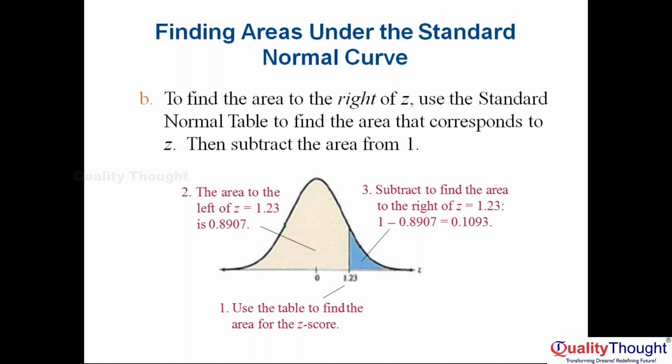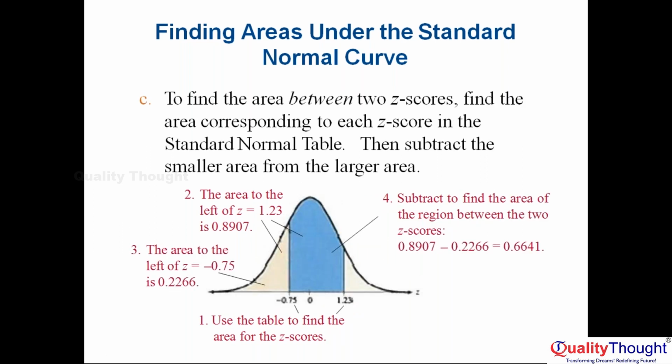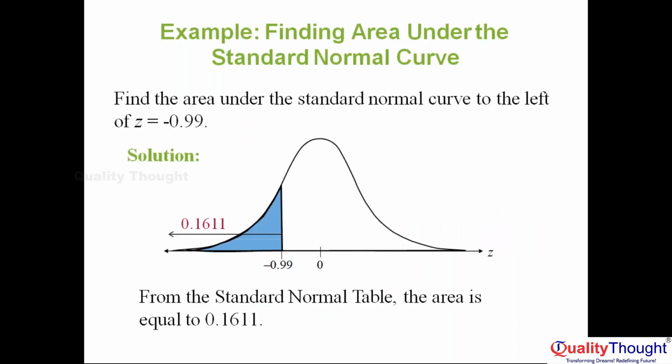Okay. So if someone wants the middle portion, what do we do? You can see only the highlighted area needs to be found. We have already calculated for 1.23, and we know how to calculate it for minus 0.75. Why? Because in the same chart you will find the negative values also. 0.7 and 0.05 will become 0.75, and here you need to identify the value.